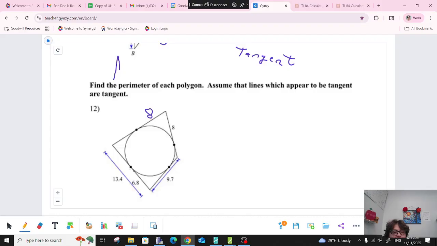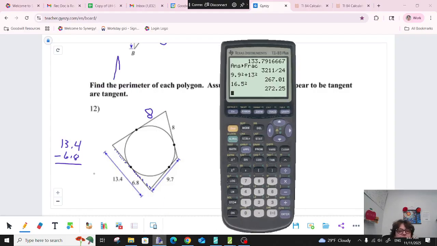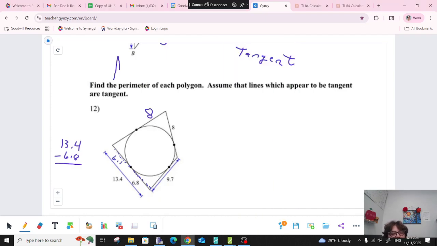If this little piece here is 6.8, how would I find this piece over here? Yes. 13.4 minus 6.8 will give me this missing piece. 6.6. Thank you, Andrew. 6.6.